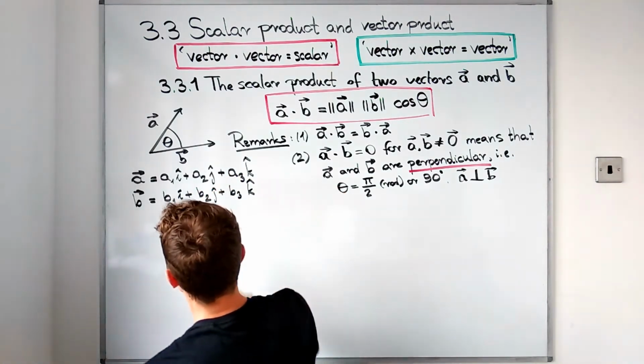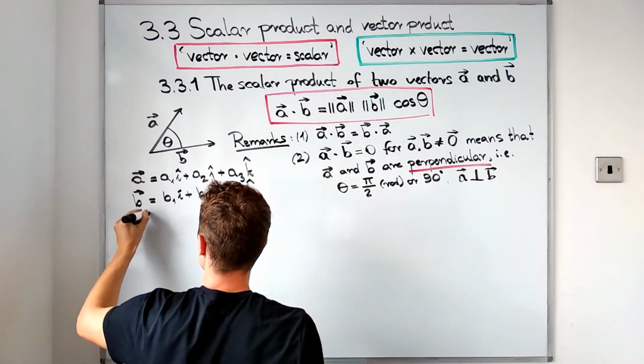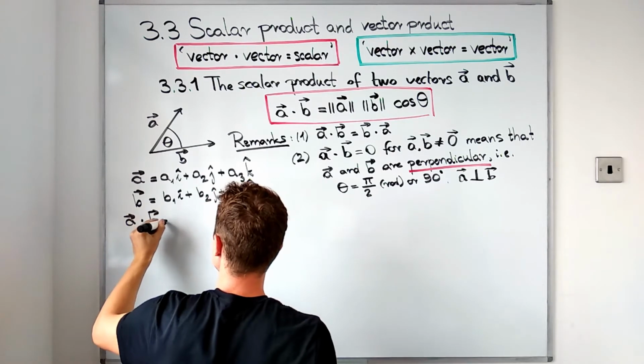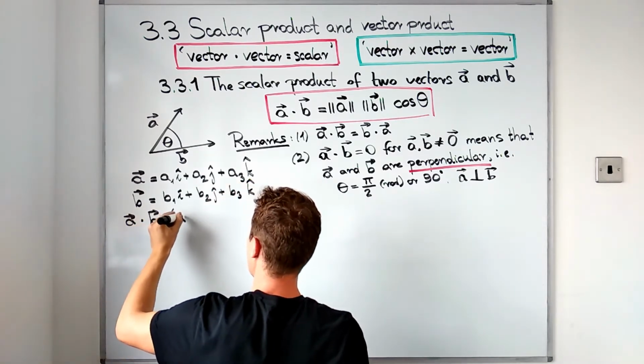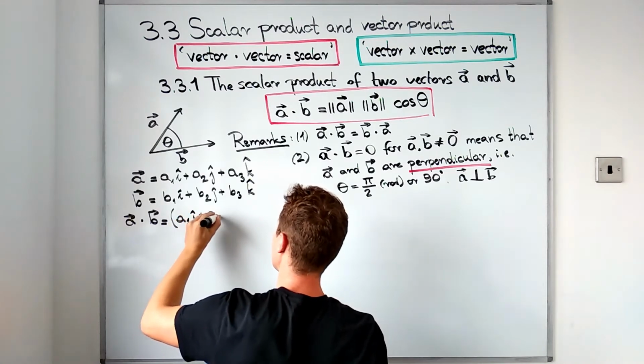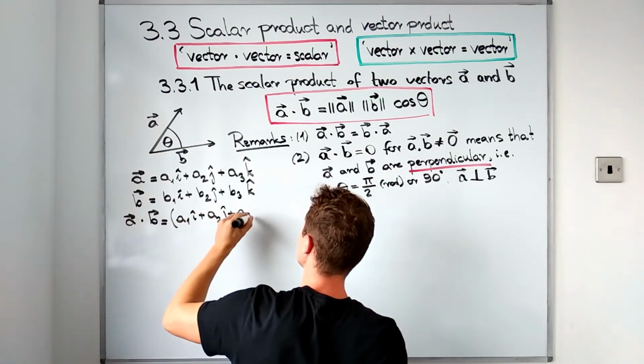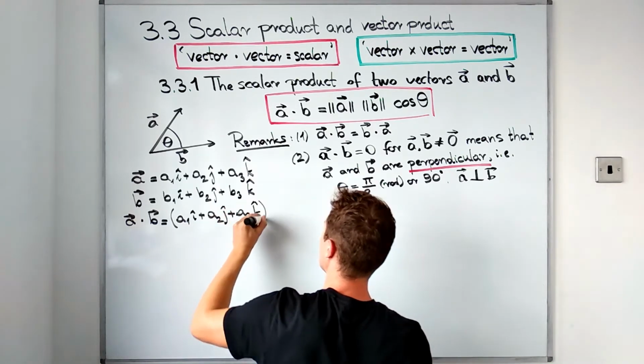So in order to calculate this scalar product, the dot product of A and B, we have to take these sums and simply expand this product, which we can do.